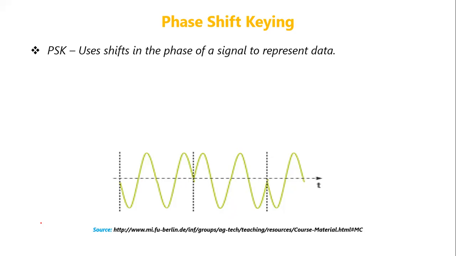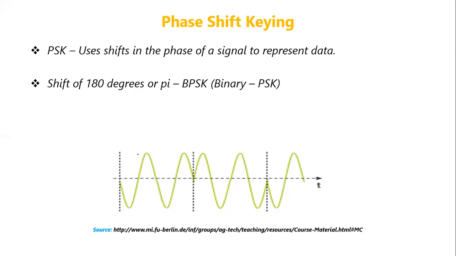The most commonly used phase shift keying is binary phase shift keying. In binary phase shift keying, there will be a shift of 180 degrees. The signal will shift by 180 degrees whenever there is a change from 1 to 0 or from 0 to 1. For example, here this may be 1.